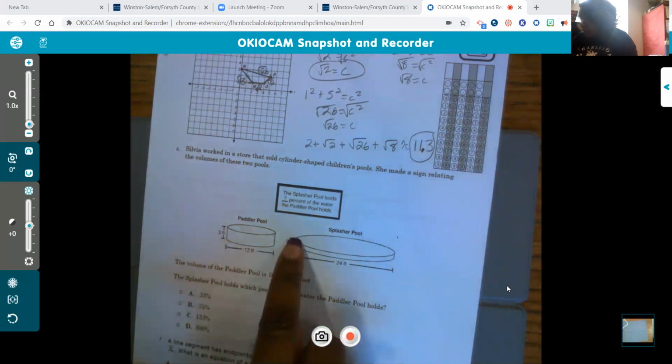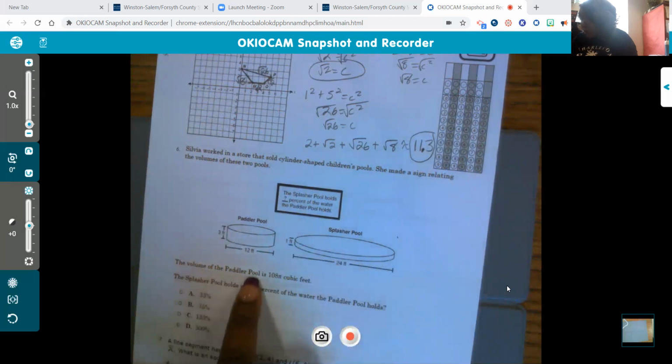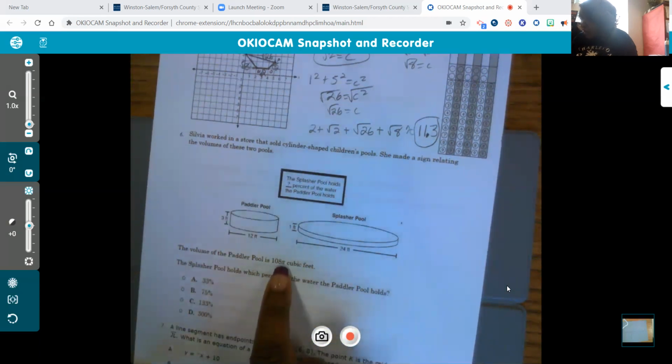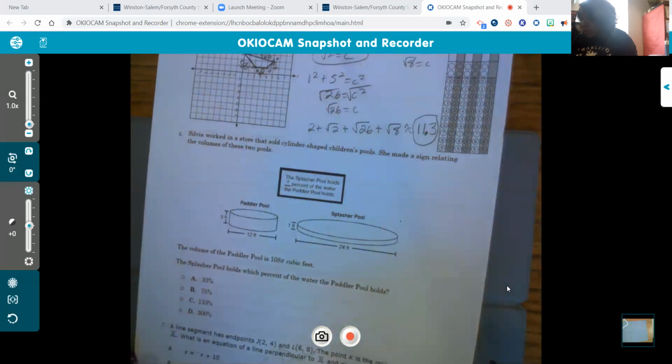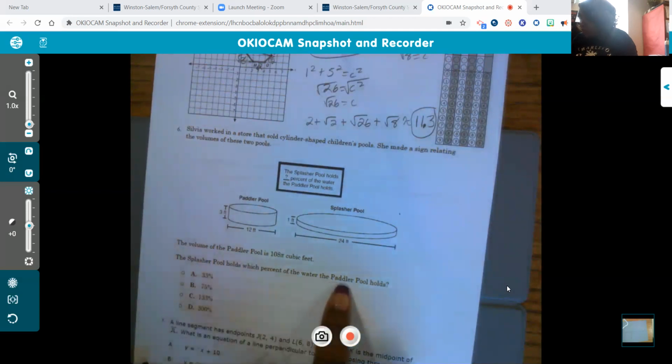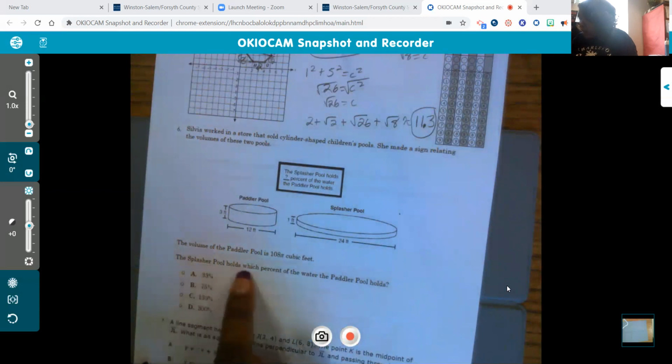This is 1 foot deep and the diameter is 24. So the volume of the paddle pool is 108 pi cubic feet. They just left it in terms of pi, which is fine. You see that a lot. It says the splatter pool holds which percentage of the paddle pool.